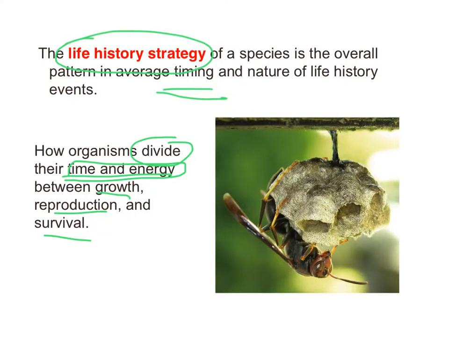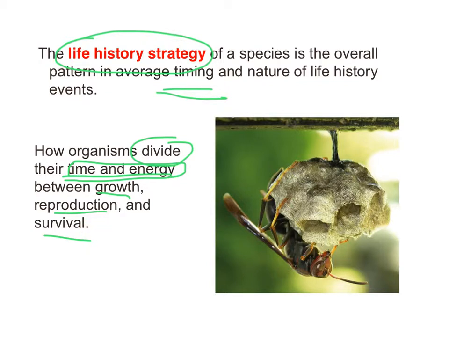If you put a ton of energy into growing, okay, you have less energy available for reproducing and just surviving. If you put a lot of energy into reproducing, you may not be able to put as much energy into worrying about just basic survival, okay?